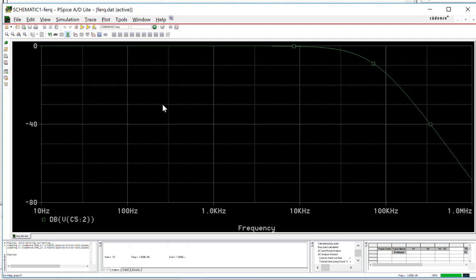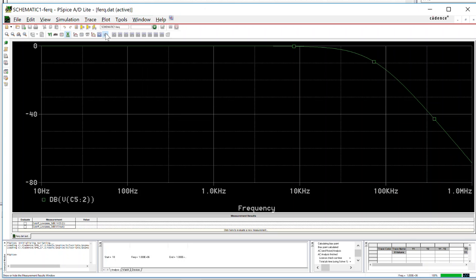It looks like the same graph here. And then if I evaluate my measurements again, turn those back on, again you probably can't see them here. I actually have to squint my eyes to see them too. We get 36.42.